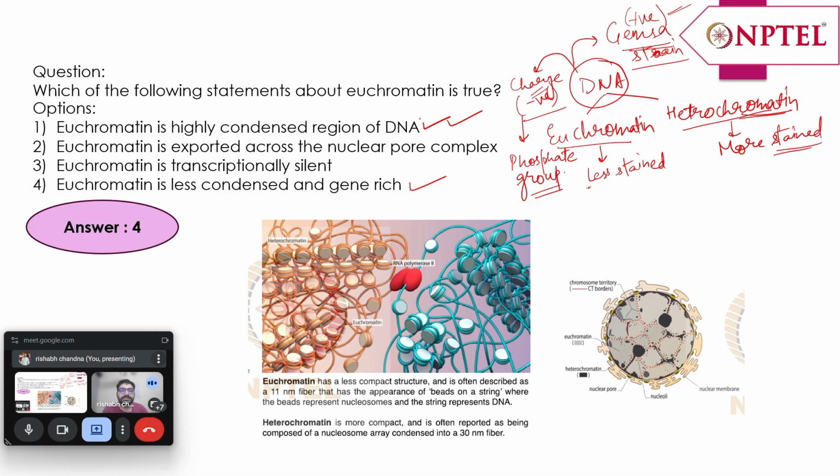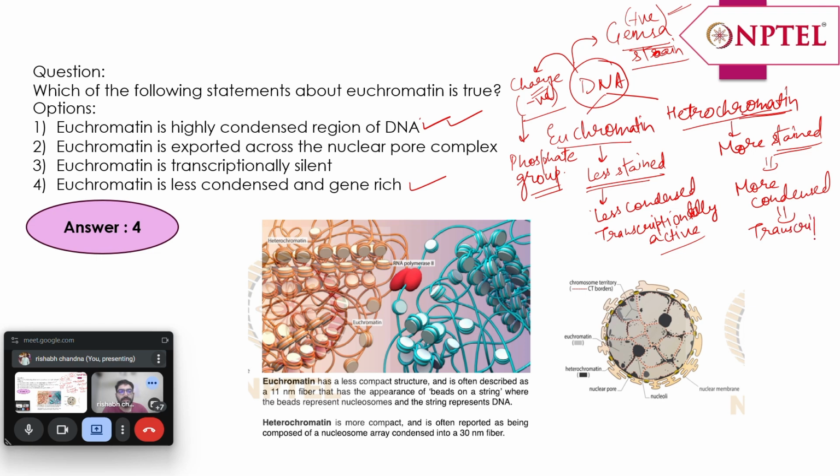It was observed that the less stained region is comparatively less condensed, and this is a transcriptionally active region. The region that is more stained is more condensed, and this is a transcriptionally inactive region.